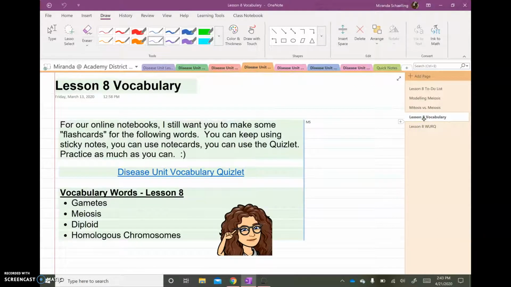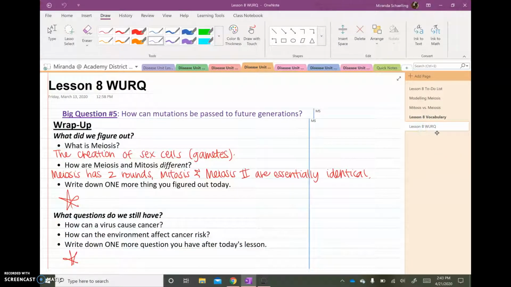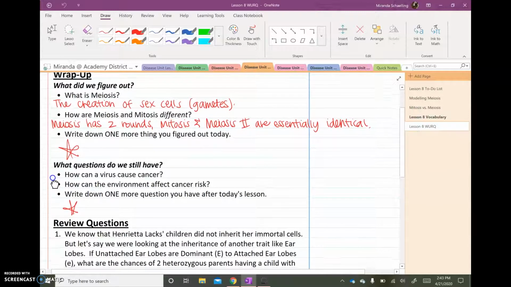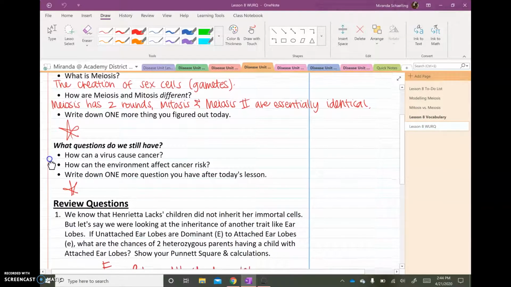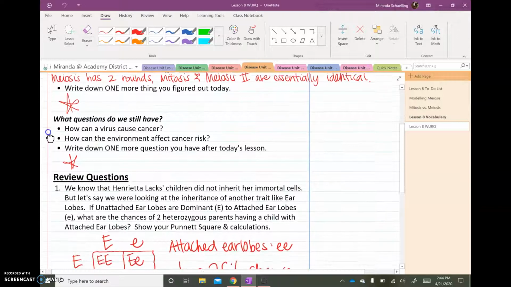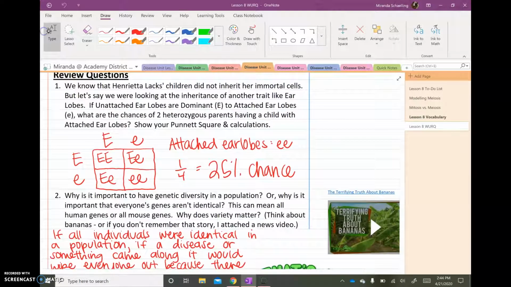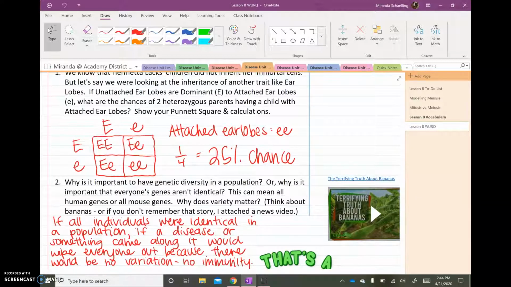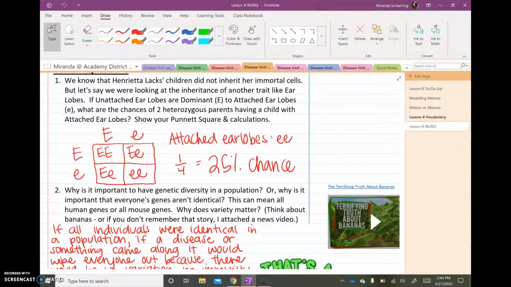Then we've got some vocabulary again for our wrap up and review. We need to be able to create sex cells. You can tell me a bunch of differences. For our review questions, we've got one about attached earlobes. This is kind of a Punnett square review.